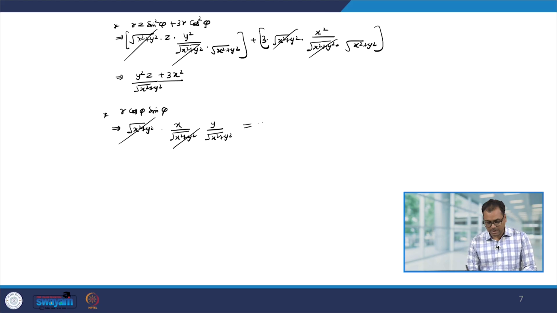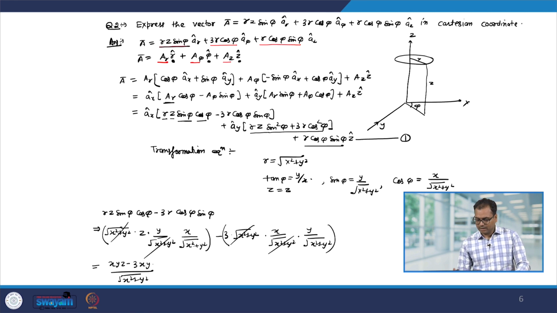This will get cancelled with that. So we are left with xy over square root x square plus y square. So now we have the coefficients of ax cap, ay cap and az cap. Therefore we can put that in equation number 1.